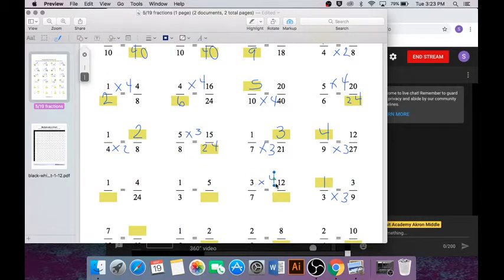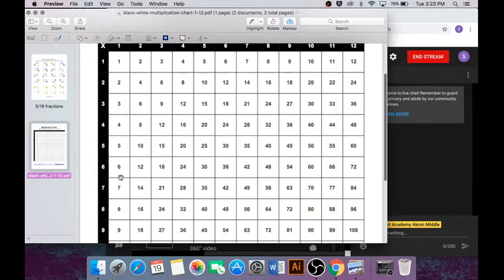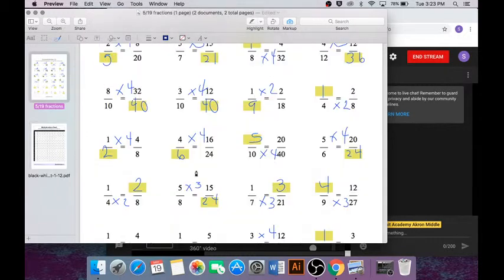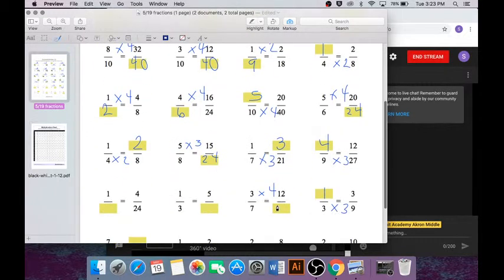Okay, if we're going to multiply our top times 4, we're also going to multiply our bottom. So we have to find 7 times 4 on our multiplication chart to get our second denominator. So in our 7 times table, we see 7 times 1, 2, 3, and 4 is 28. So our second denominator is going to be 28.